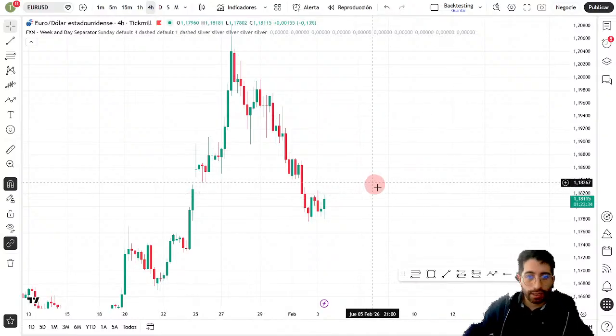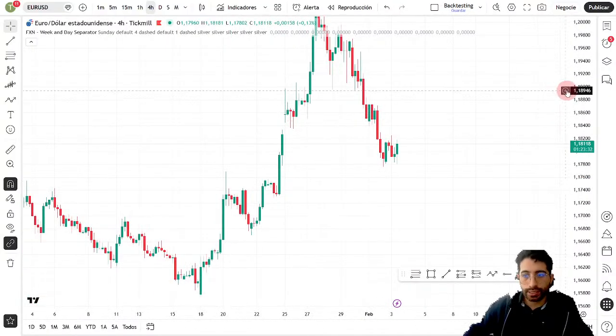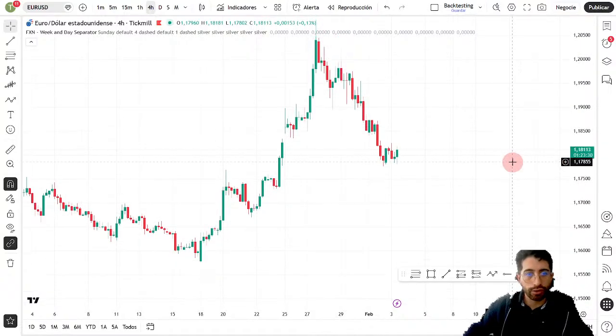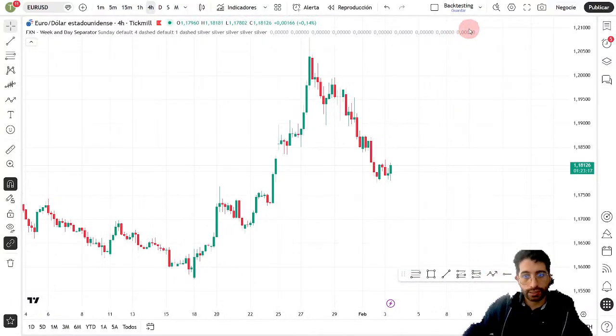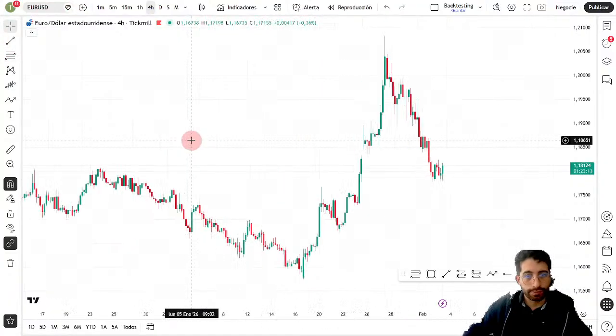Alright, now let's keep moving. So to do the backtest, now that you have everything set up, which is the indicators, the week and day separator, nothing else, your tools already set up, it's time to start with the analysis.